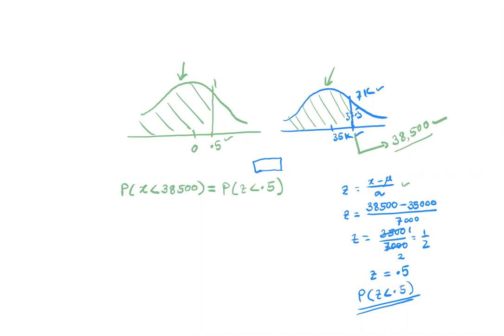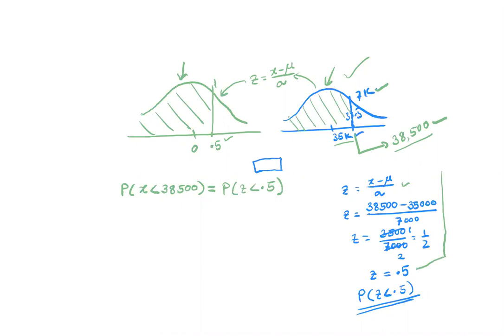So this is any normal distribution with a mean of 35,000 and standard deviation of 7,000. We use the z-score formula. Z is equal to x minus mu divided by sigma. We use this formula to get to this. That's what we did right here.